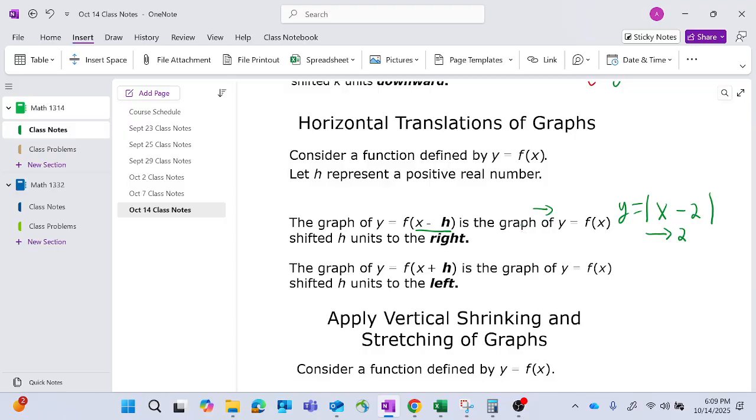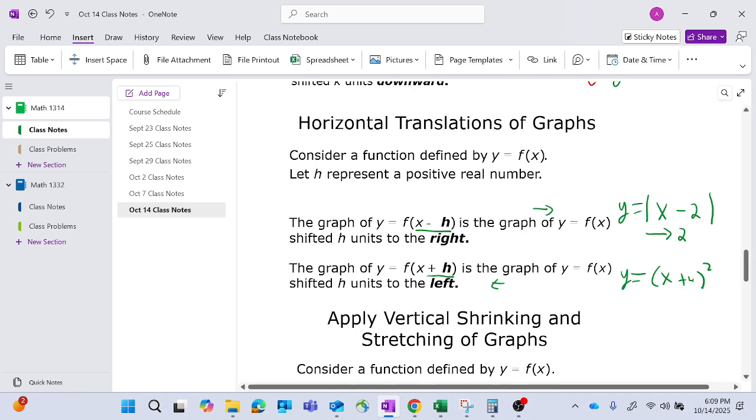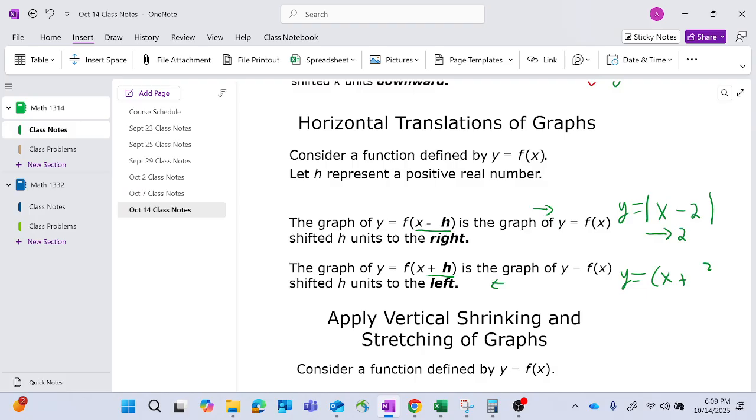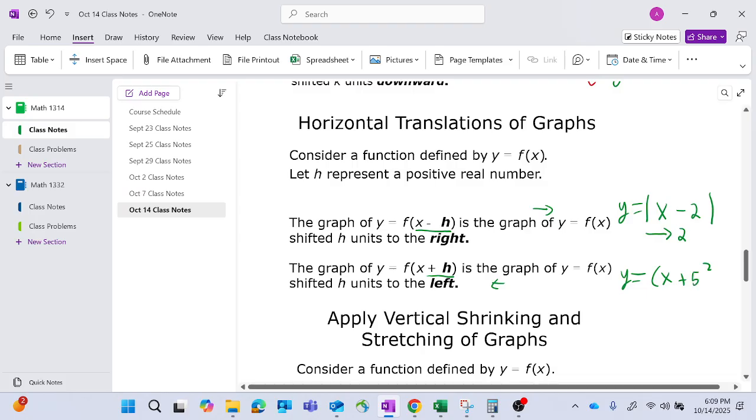And then if you have x plus h, you're going to the left. So another example, if I use the quadratic, y equals x plus 2 all squared. I guess we can kind of stick with 5, so make that 5. x plus 5 all squared.